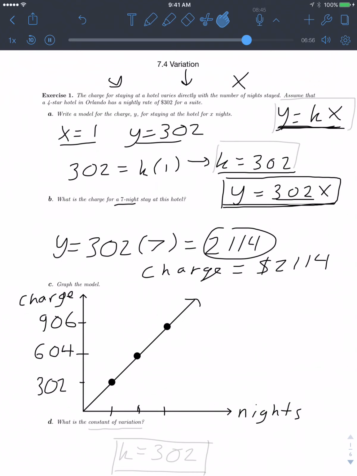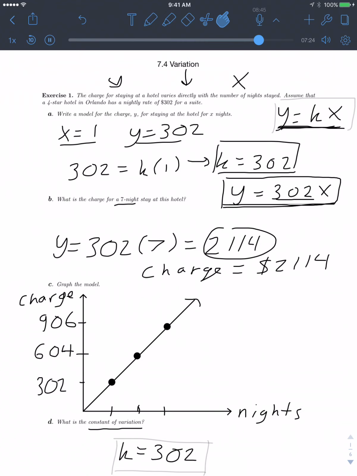Now, variation has this new idea that we call the constant of variation. And again, going back to the definition in the notes, the constant of variation is the name that we give to this quantity k. So in this case, we already determined that k was equal to 302, so the constant of variation is already known.